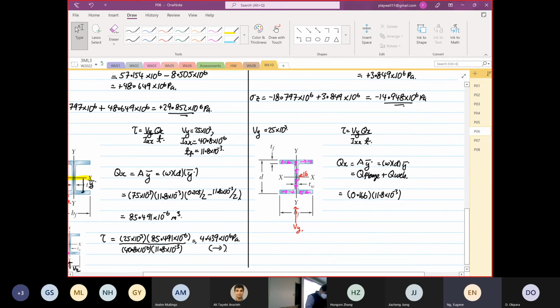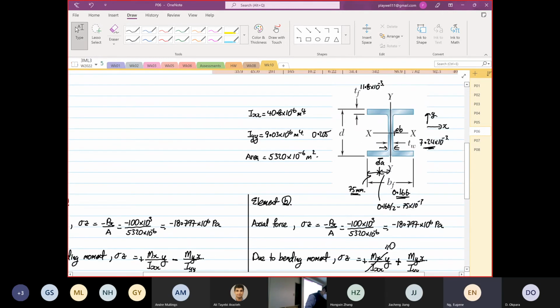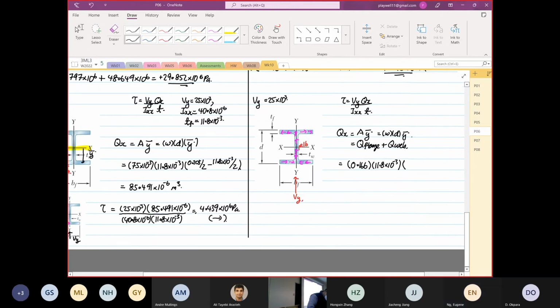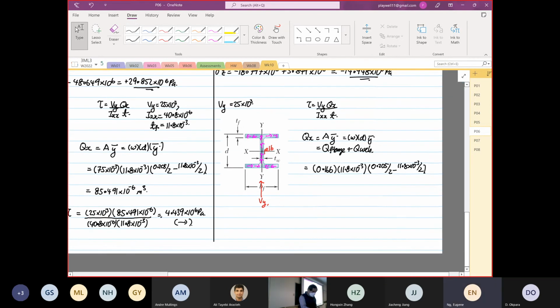Then the y bar will be equal to D, which is 0.205, minus 11.8. So this is for the flange.